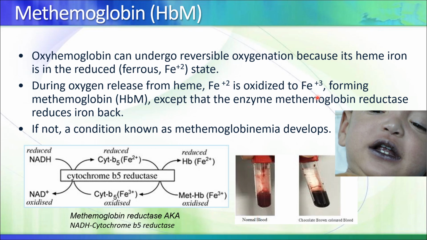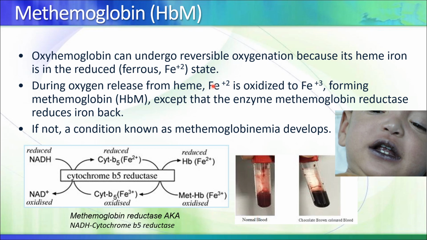Now remember that this hemoglobin molecule, known as methemoglobin, is not able to bind oxygen. Do normal people have methemoglobin? Yes, they do, but the quantity is very low. There are two reasons.